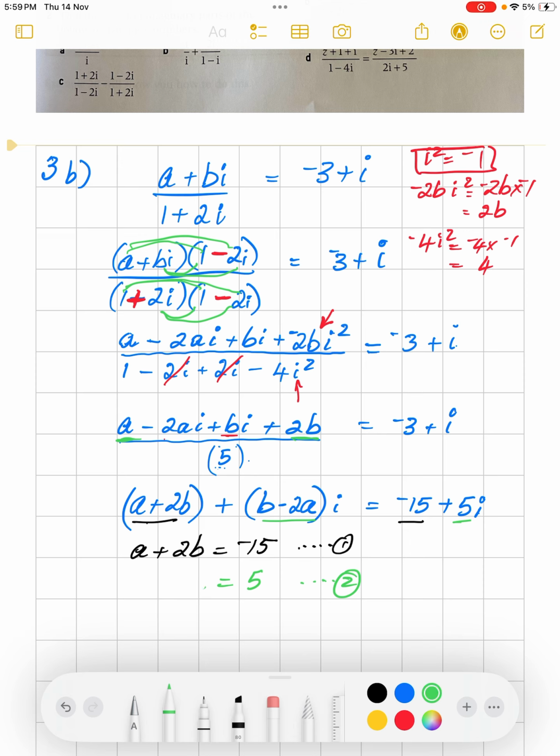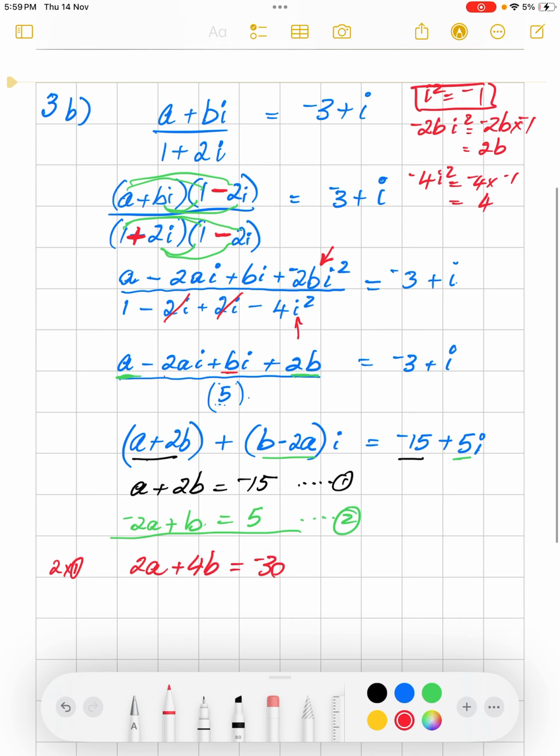And let's double equation 1. So if we double equation 1, we get 2a plus 4b equals negative 30.